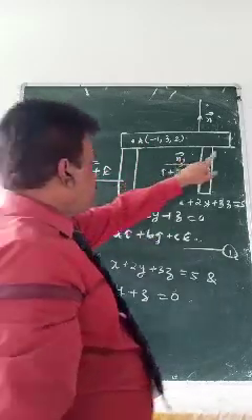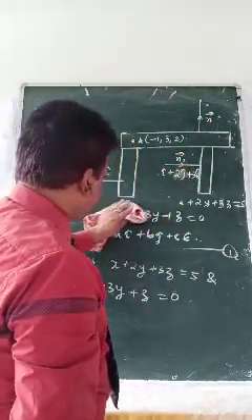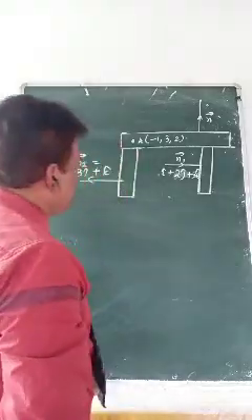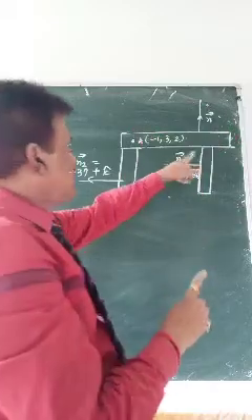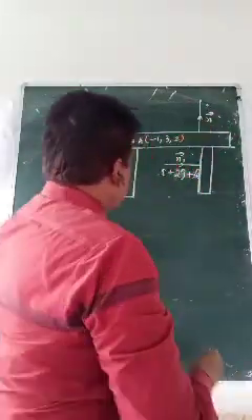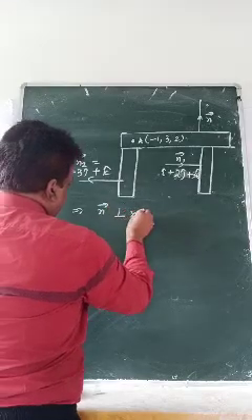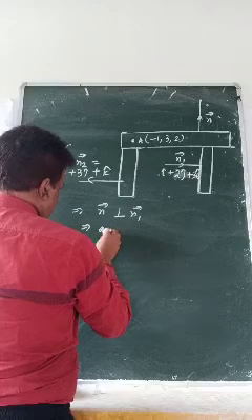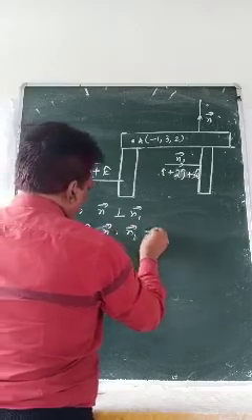Now you have to compare the relation between n and n1. n is perpendicular to n1, which implies n dot n1 equals 0.